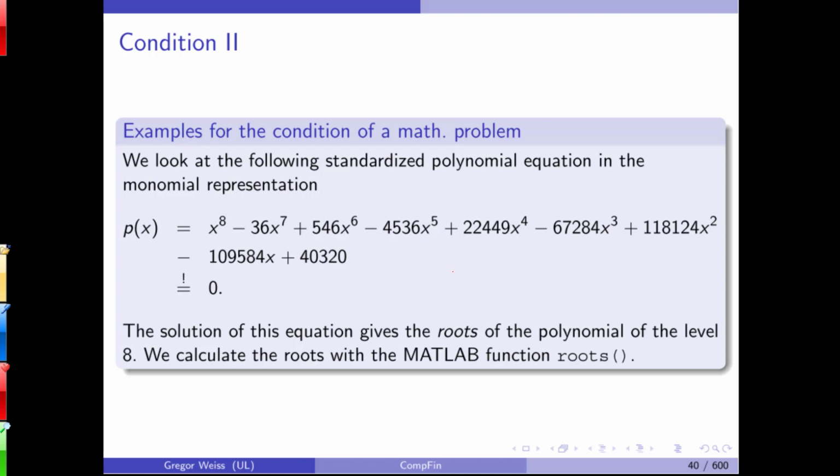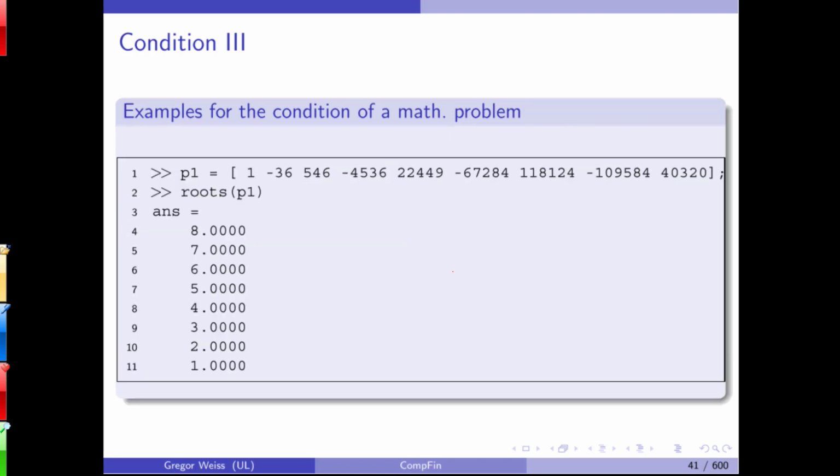In MATLAB, you can simply use roots and then put the polynomial coefficients in parentheses. MATLAB has the rule that you start with the coefficient of the highest order polynomial. So this is 1 times x to the 8th power minus 36 times x to the 7th power and so on.